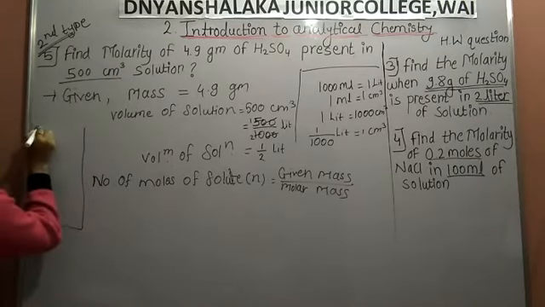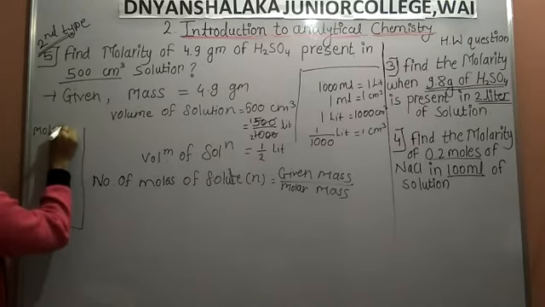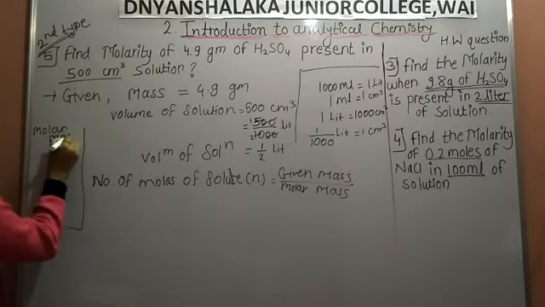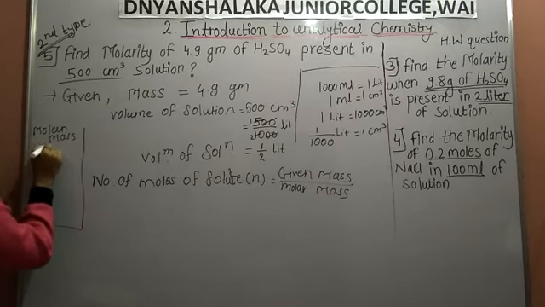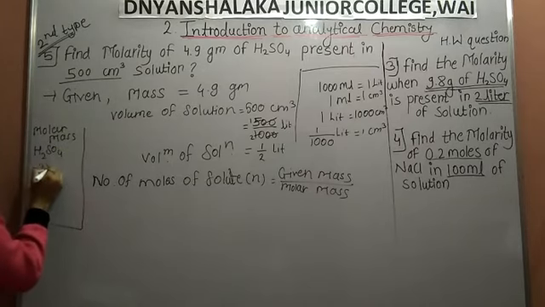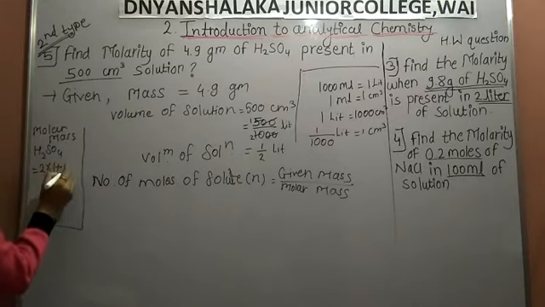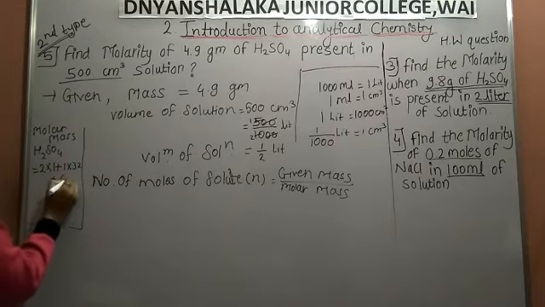So the molar mass of H2SO4: 2 atoms of hydrogen present in the compound into the atomic mass of hydrogen, which is 1, plus 1 atom of sulfur into the atomic mass of sulfur, which is 32, plus 4 atoms of oxygen present in this compound into the atomic mass of oxygen, which is 16.